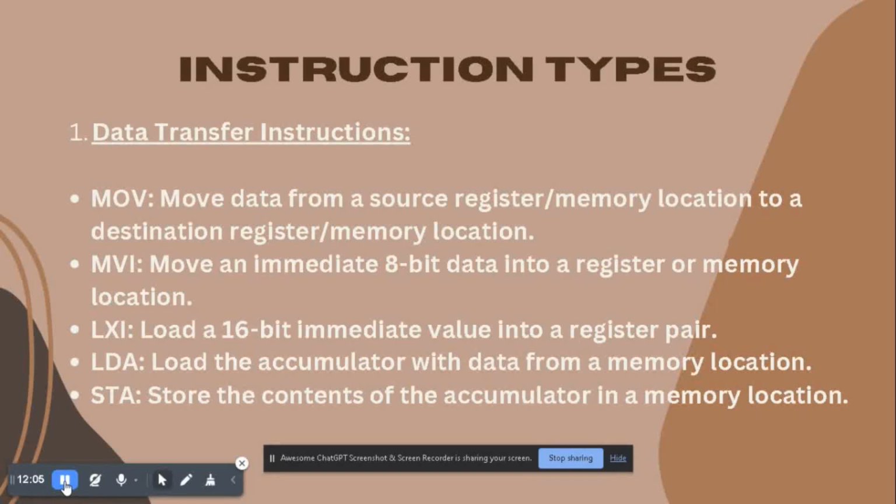When we have X in the command, it is used for register pair. Then we have LDA. LDA is a command which is used to load the accumulator with data from a memory location. STA command is used to store the content of the accumulator in a memory location.